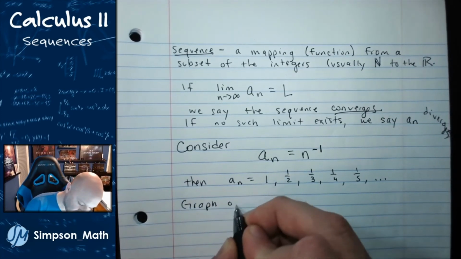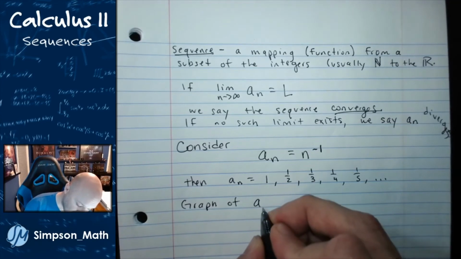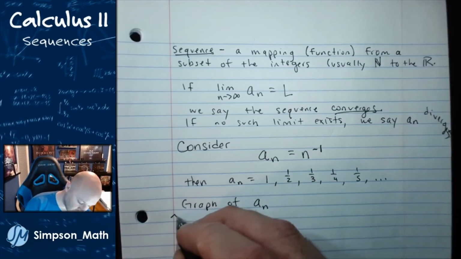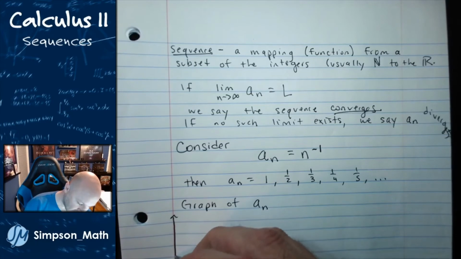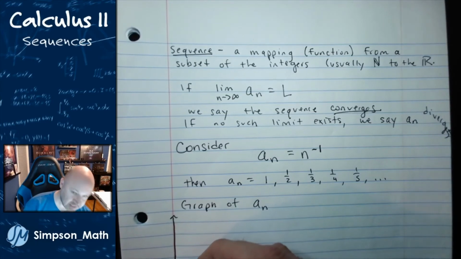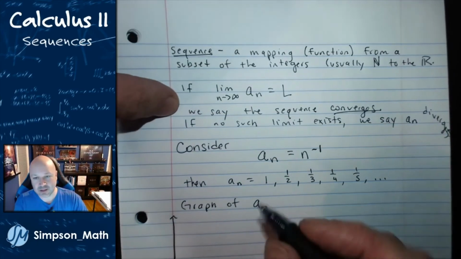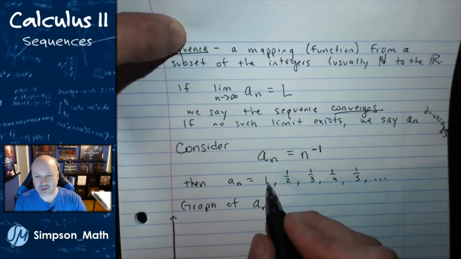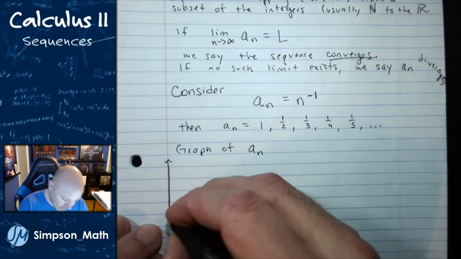Graph of the sequence a sub n. Here's my y-axis. Doesn't need to be too big. The biggest y value looks like 1.